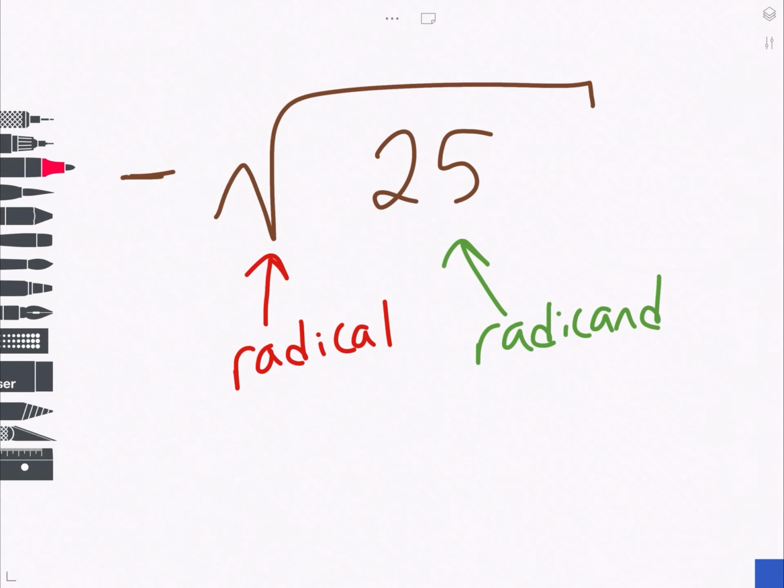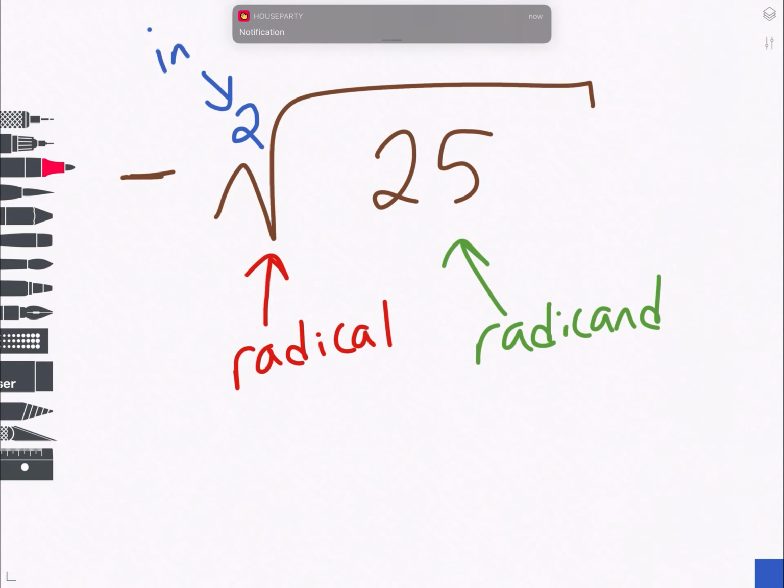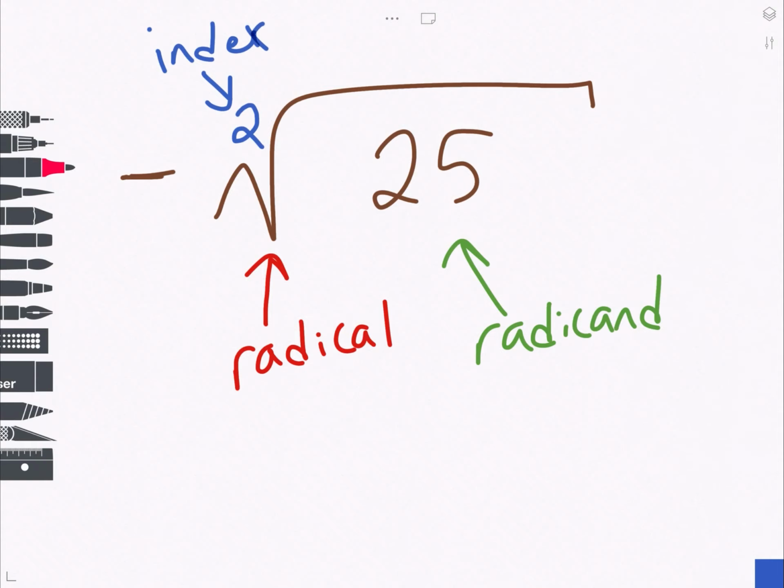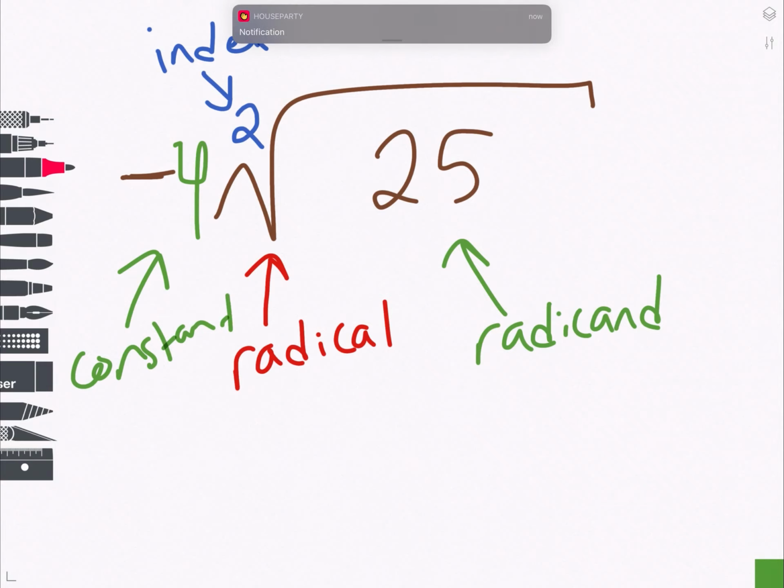And then there's also a little tiny number, in this case it's imaginary, up in the radical there, called the index. The index in this case would be 2, because it's a square root. If there's nothing there, you assume it's a 2. Anything else out front, like that negative, or let's say there's a 4 there, that's just called any sort of constant that you're multiplying by there.